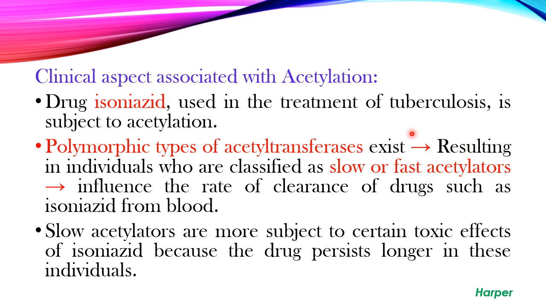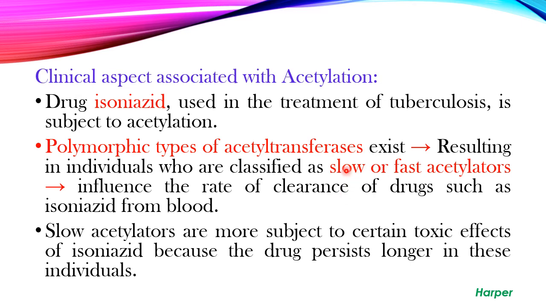So those individuals who have polymorphic forms of acetyl transferase can be classified as slow acetylators or fast acetylators, and as a result, the rate at which drugs are cleared from the body will be affected.